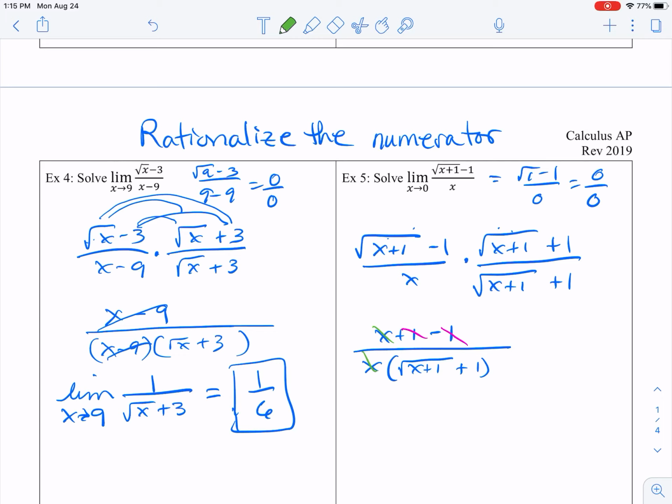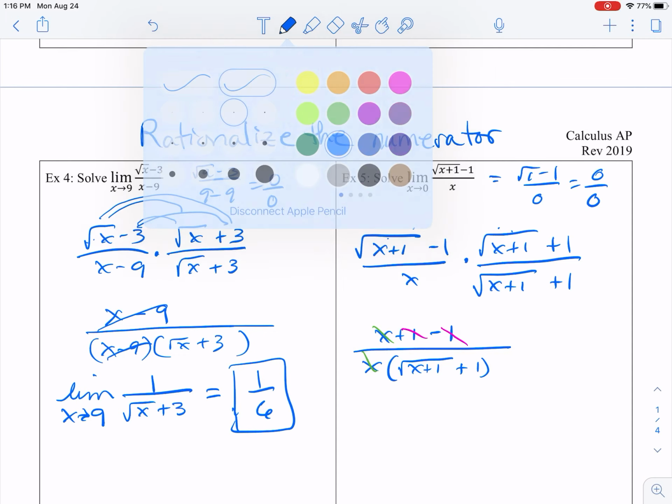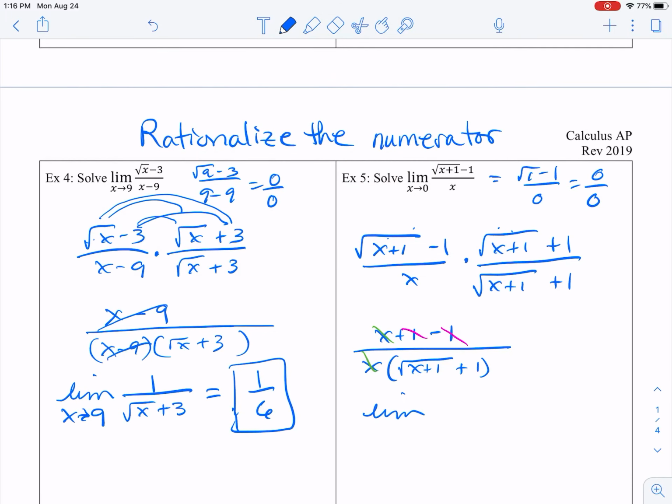Your x's go away. And so now I'm taking the limit as x goes to 0 of 1 over the square root of x plus 1 plus 1. And so you end up with 1/2 for your answer. Nice stuff. Easy peasy.